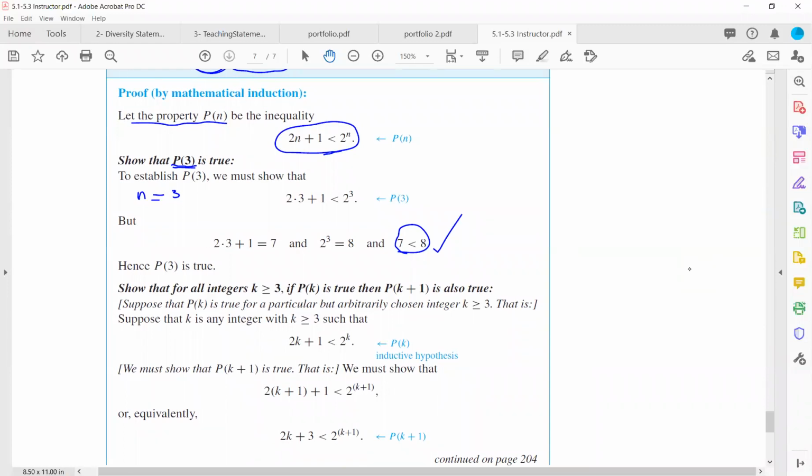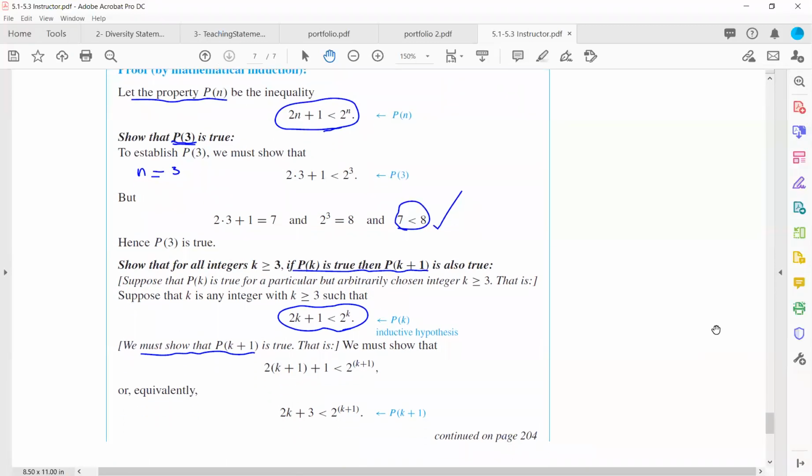The inductive step says, suppose P(k) is true, show that P(k+1) is true. So suppose 2k plus 1 is less than 2 to the k is always true. Now our goal is to show that if I use k plus 1, this inequality is still true.